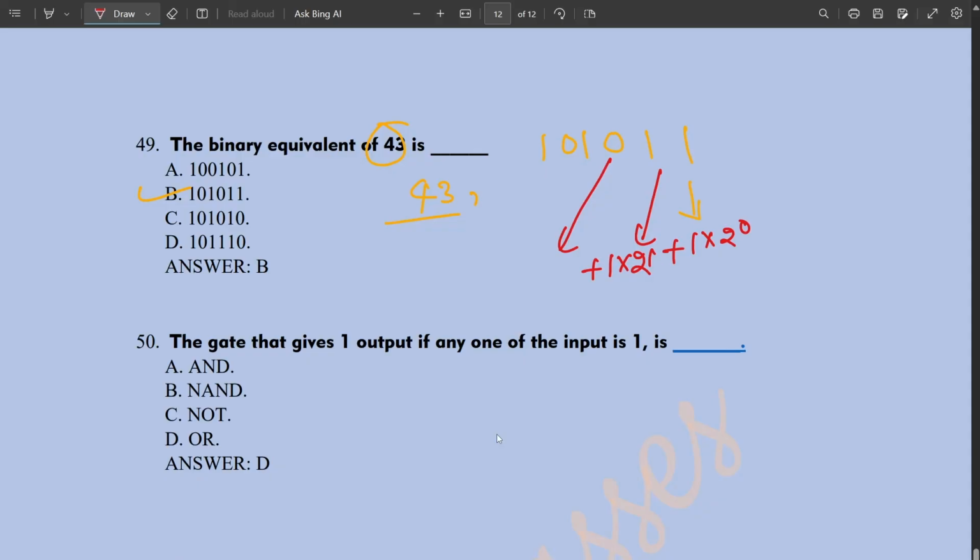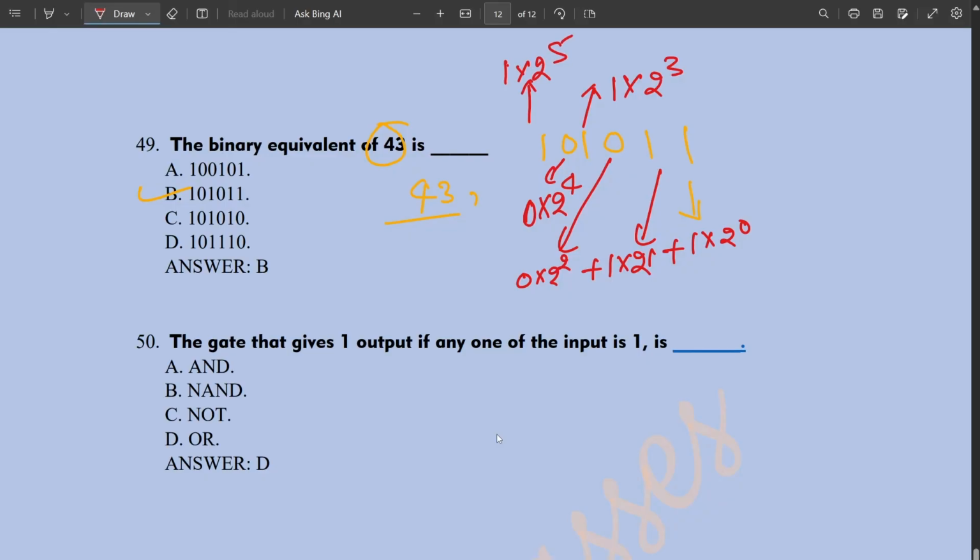Again it's 0, so 0 multiplied by 2 to the power 2, and this is 1 multiplied by 2 to the power 3, and here 1. 0 multiplied by 2 to the power 4, 1 multiplied by 2 to the power 5.